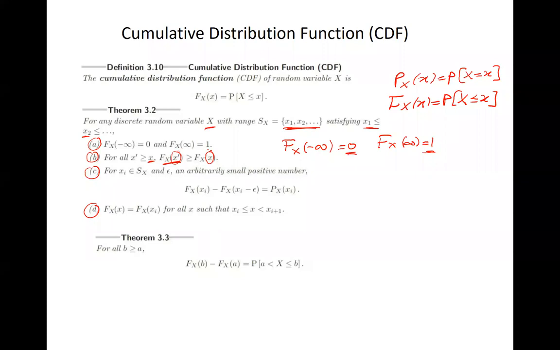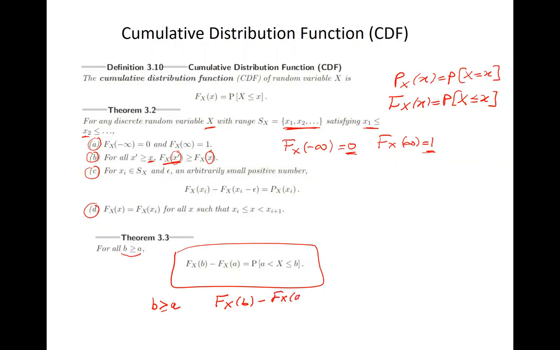And one of the most important theorems that we'll be using involves the values of the CDF. If we are given any a and b, where b is greater than a, then F_X(b) minus F_X(a) can be written as the probability that the value of X is between a and b.